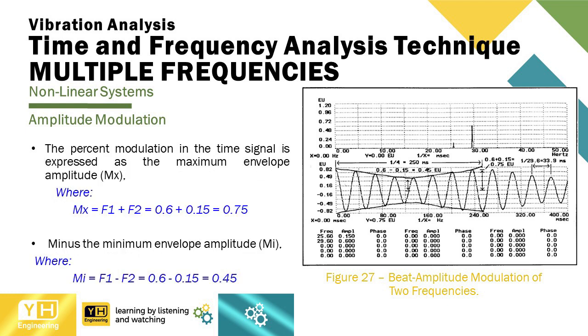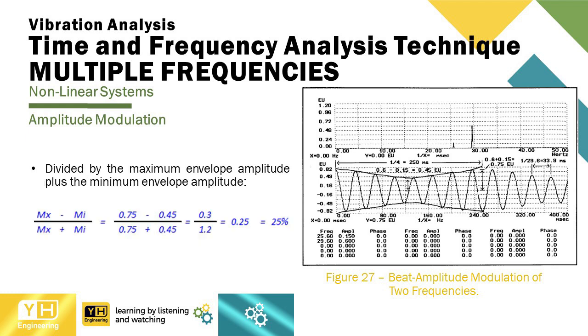The percent modulation in the time signal is expressed as the maximum envelope amplitude, or MX, where MX equals frequency 1 plus frequency 2, equal to 0.6 plus 0.15, equal to 0.75, minus the minimum envelope amplitude, or MI, where MI equals frequency 1 minus frequency 2, equal to 0.6 minus 0.15, equal to 0.45, divided by the maximum envelope amplitude MX plus the minimum envelope amplitude MI, as shown in this equation.